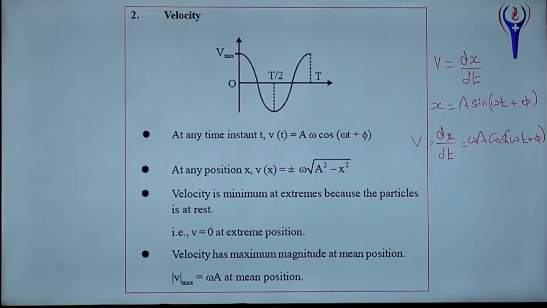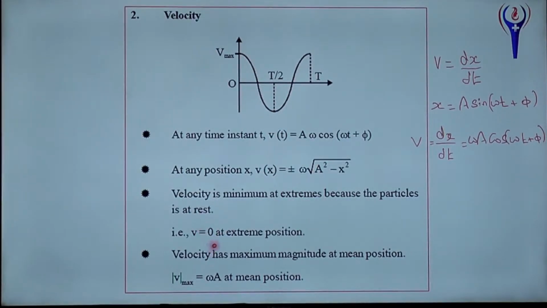Then, at any position, v of x equal to plus or minus omega into square root of A square minus x square. Velocity is minimum at the extreme position. At the extreme position, it is minimum because the particle is at rest.